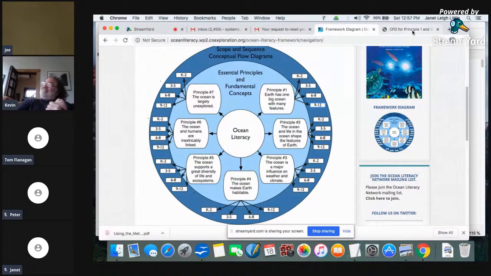Okay, that sounds like a very good subject for our next meeting, and also the idea of digging a little bit more into specifically what a curriculum structure is.